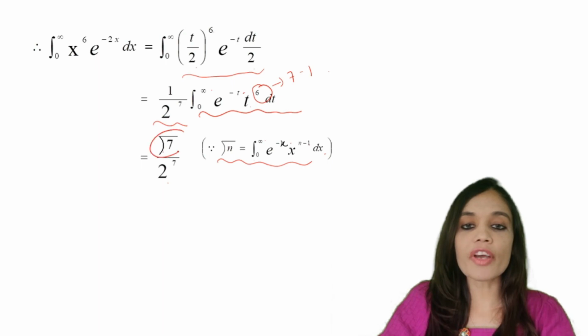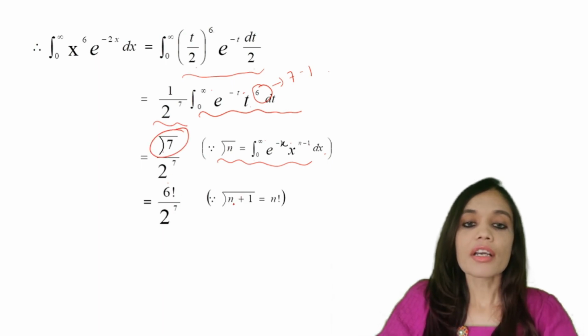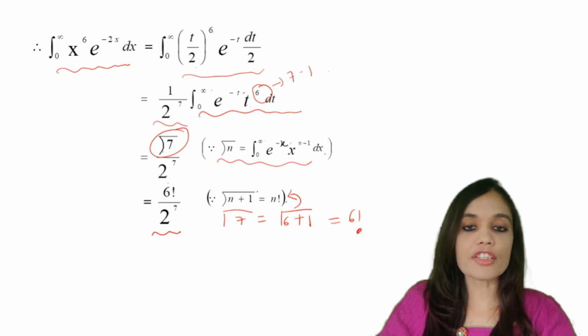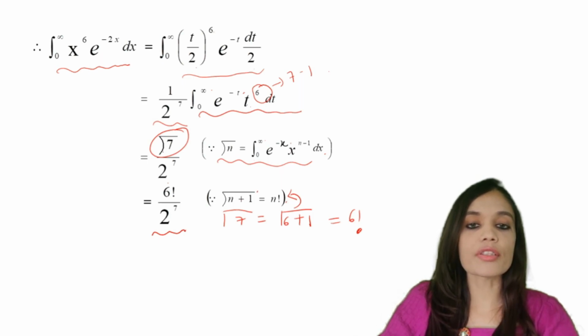Now we will simplify this. Gamma n plus 1 is equal to n factorial. Now our gamma 7 can be written as gamma 6 plus 1. So using this property, our answer will be 6 factorial. So the final answer of this integral is 6 factorial upon 2 raised to 7.